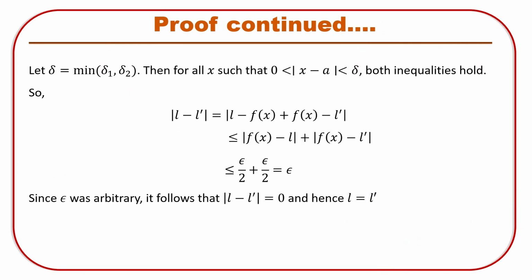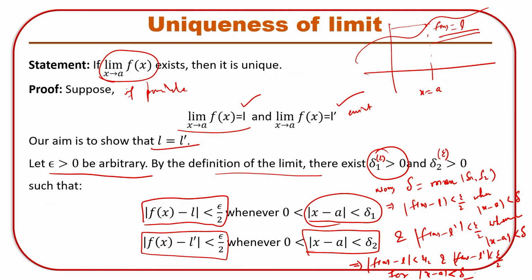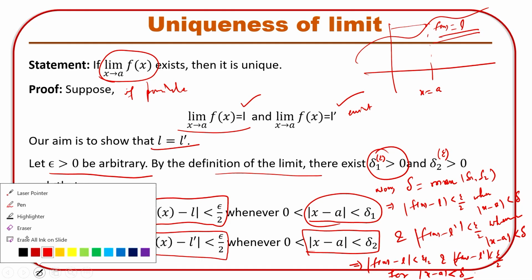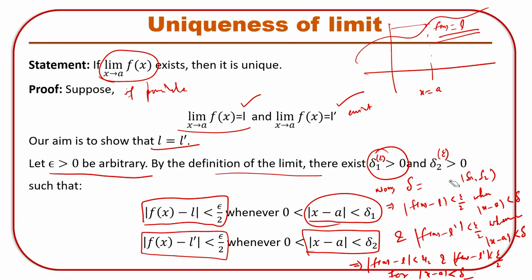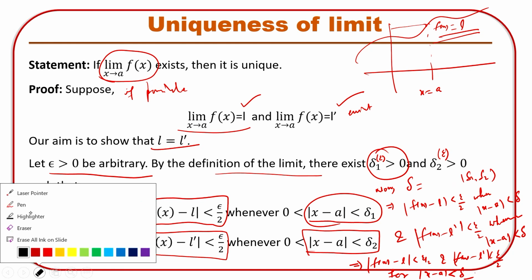We will use this so that for x minus a less than delta, both inequalities hold. Okay, so we have to take here not the maximum but the minimum. I will show you why.